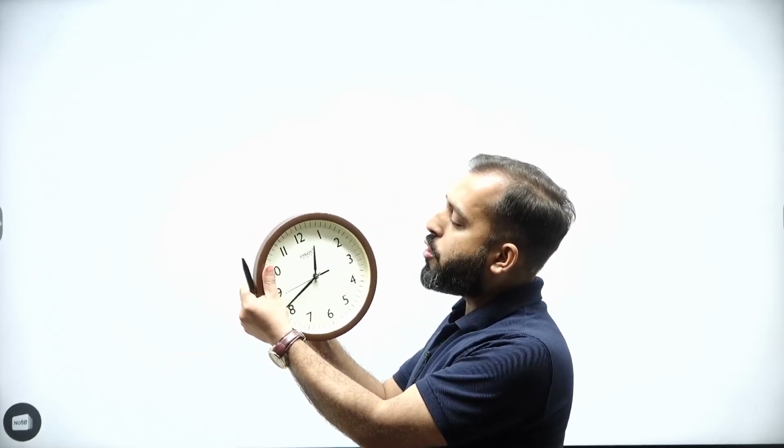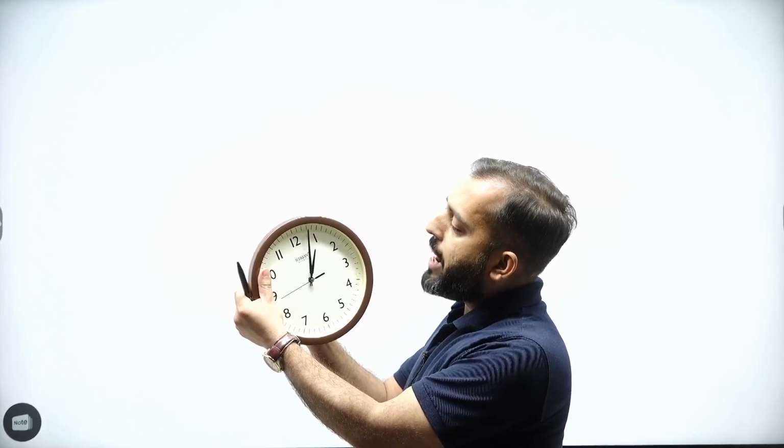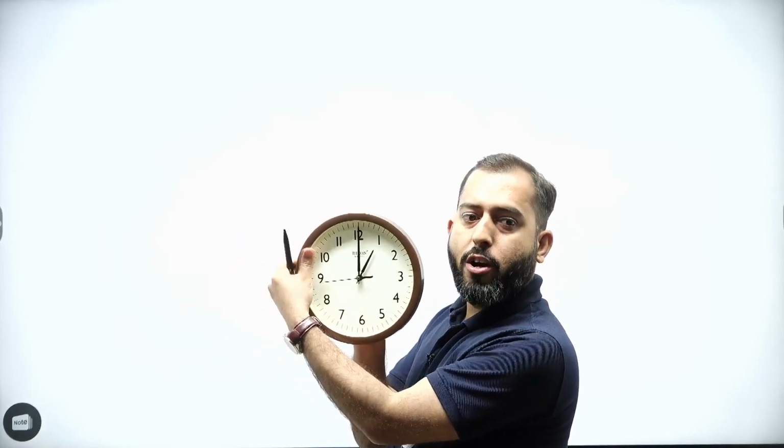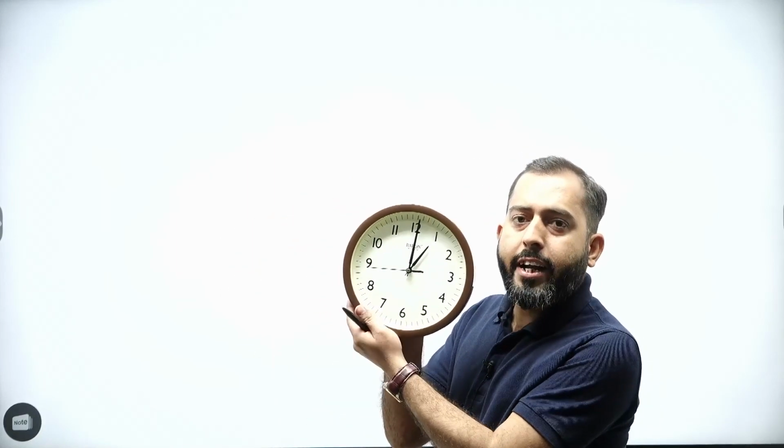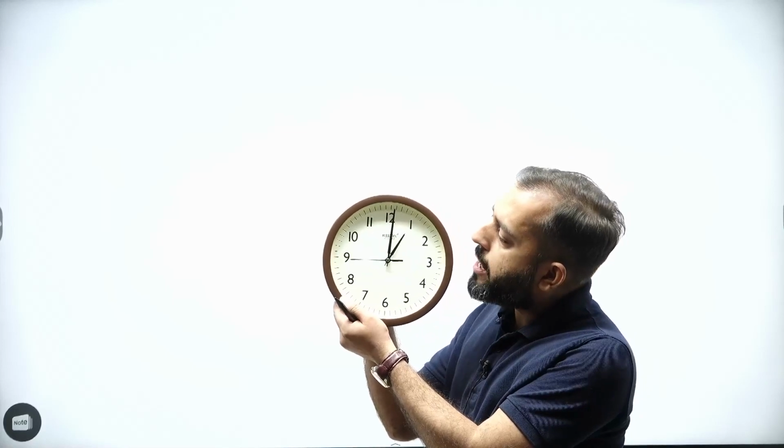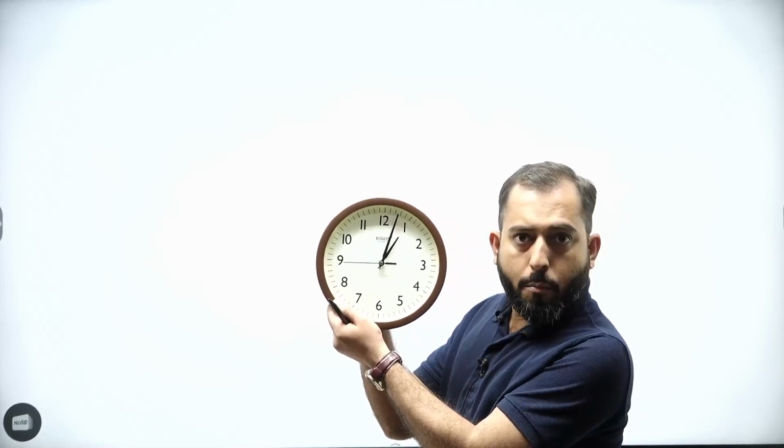From 1 o'clock till 2 o'clock, many of you will say, sir, it will coincide only once. Let me applaud all of you, because it is absolutely correct. Let me show you how. Let's draw a situation of 1 o'clock first. Right now, at 1 o'clock, hands are not coinciding at all. Let's move the hands a little bit more than 1 o'clock.